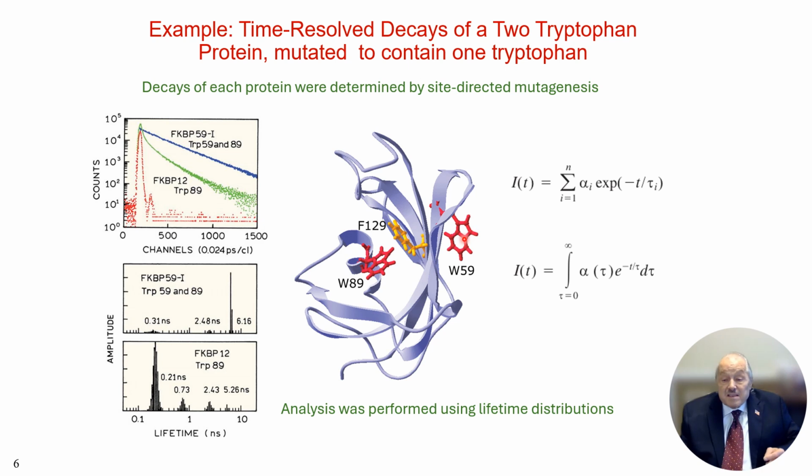In this case, it was simplified by using site-directed mutagenesis, making the proteins with only one of the two tryptophans. As you can see, one of the tryptophans in this particular protein has a much longer lifetime than the other. And in this case, the results are plotted as a lifetime distribution analysis, which we'll not really talk about right now.